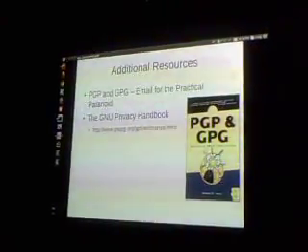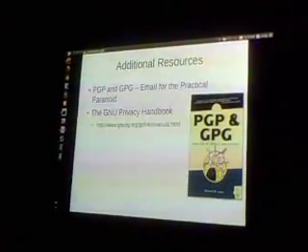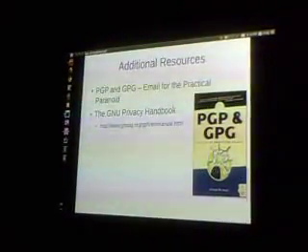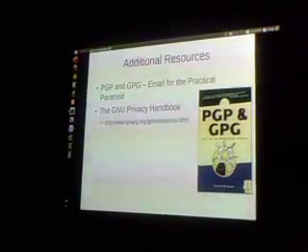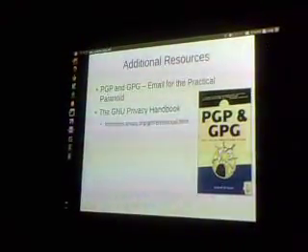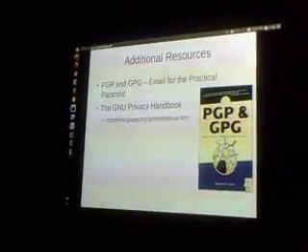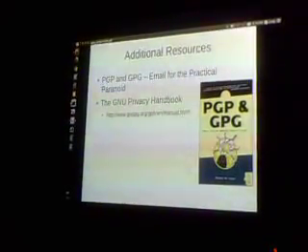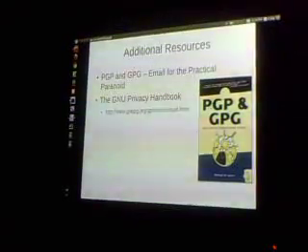So the documentation really hasn't changed that much on this. If there is a newer resource out there, definitely let me know. But the PGP and GPG book is kind of a retelling of the documentation that's there, and it doesn't go into as much depth as I would have liked, but it's definitely a good intro to this stuff.